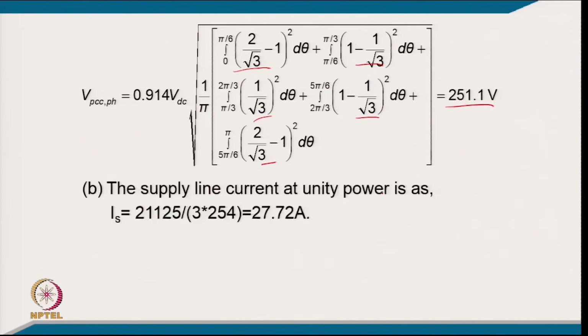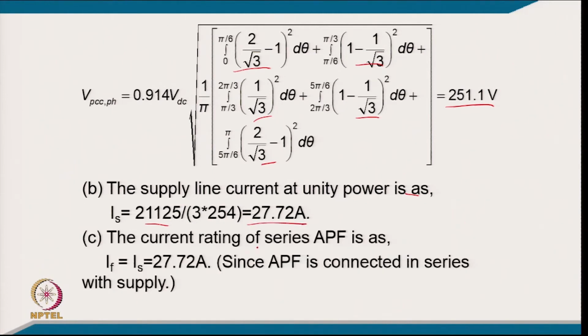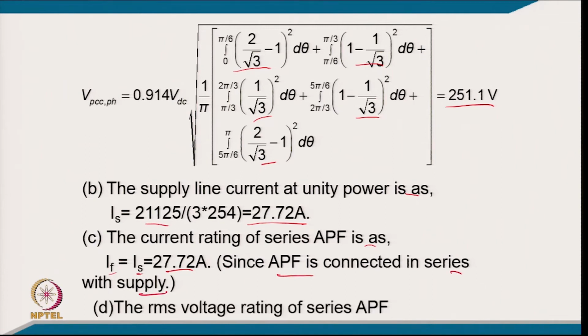The RMS supply line current at unity power factor is Is equal to the active power 21,125 divided by 3 into the phase voltage at supply 254, because power factor is unity. So, it comes to 27.72 ampere, and the current rating of the series active filter is Is equal to 27.72, since the active power filter is connected in series with the supply.